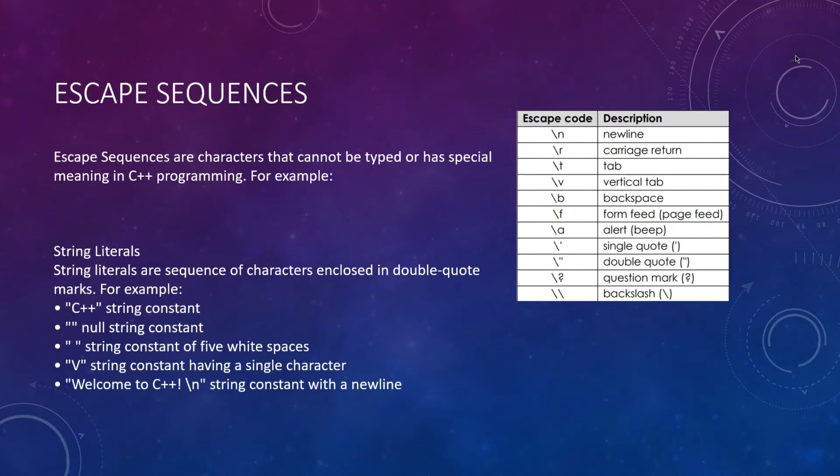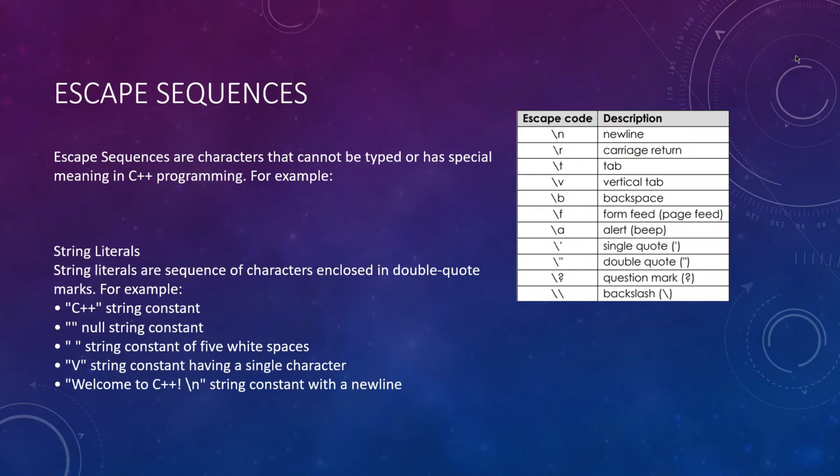For example, escape code \n or new line, escape code \r is the carriage return, escape code \t is the tab, escape code \v vertical tab, escape code \b backspace, escape code \f form feed or page feed, escape code \a alert or beep, escape code single quote and double quote, question mark, and then backslash.